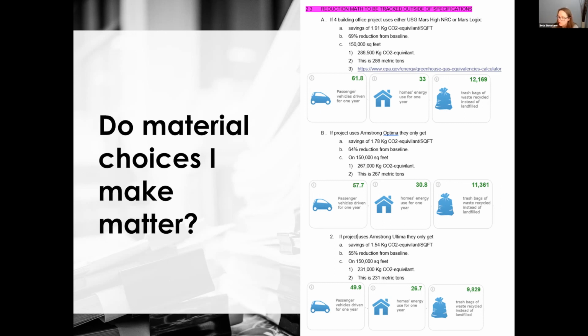And even if you just change the order, if you just say, I'm going to use USG as my acoustical ceiling panel basis of design, and say they can provide comparables by Armstrong instead of the other way around, you could make a difference. And that's not a change in liability at all.